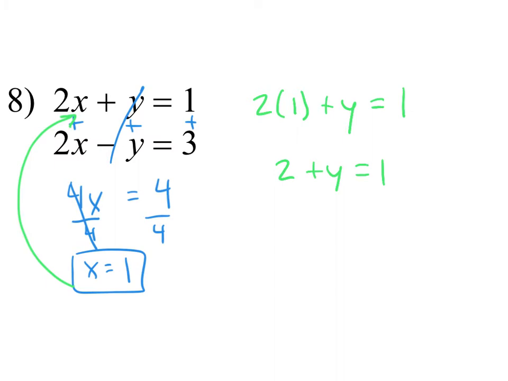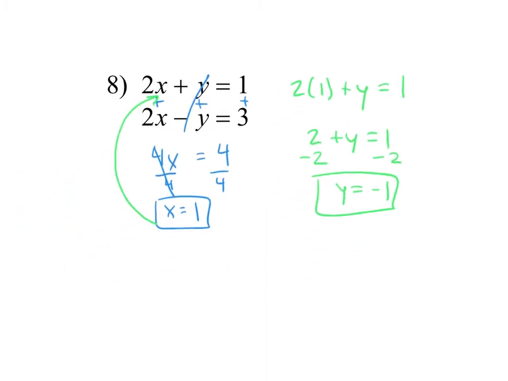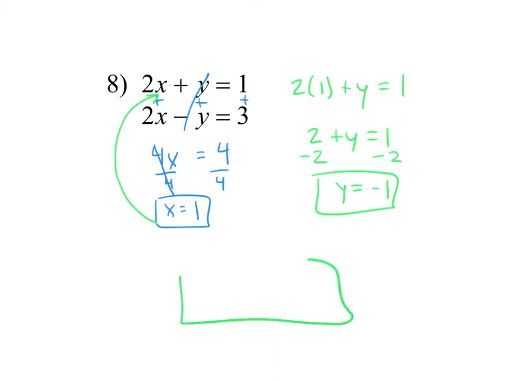What do we do to solve for y? Subtract 2. So y is equal to negative 1. So in the little box on the quiz, you would type in x is equal to 1, y is equal to negative 1.